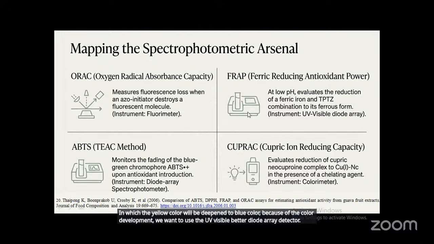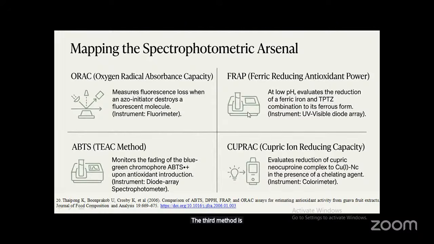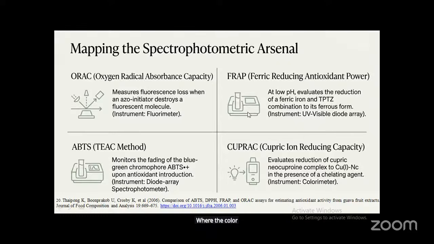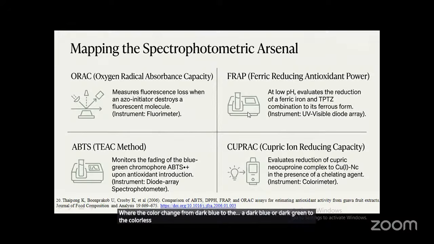The third method is ABTS or TEAC method, which monitors the fading of the blue-green chromophore upon oxidant introduction. The instrument required is the diode array spectrophotometer, where the color changes from dark blue or dark green to colorless molecules.